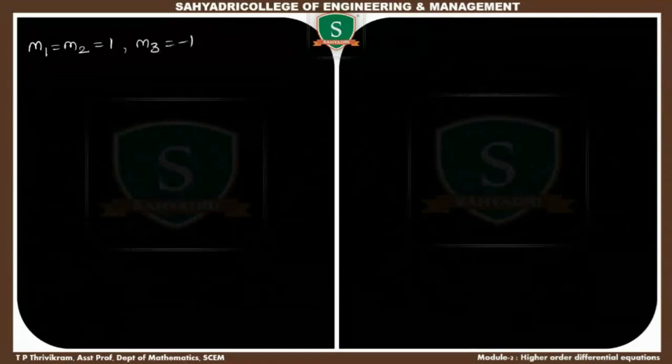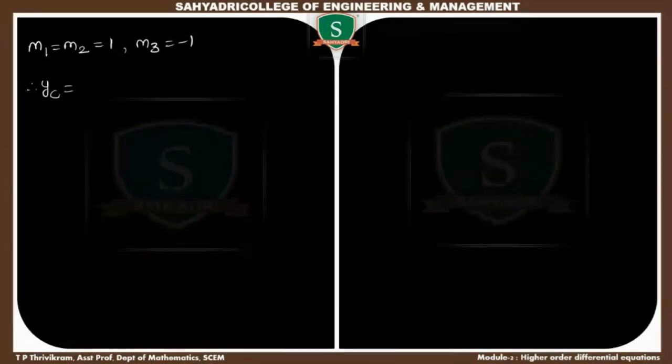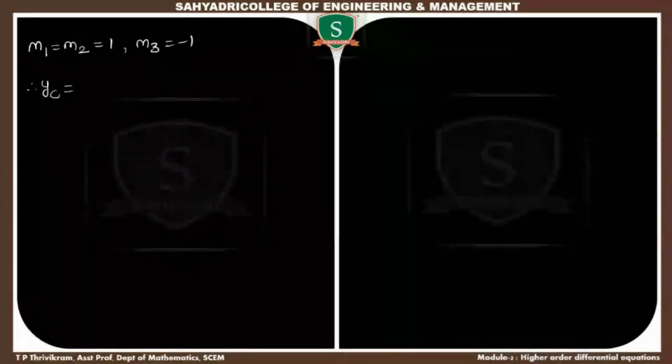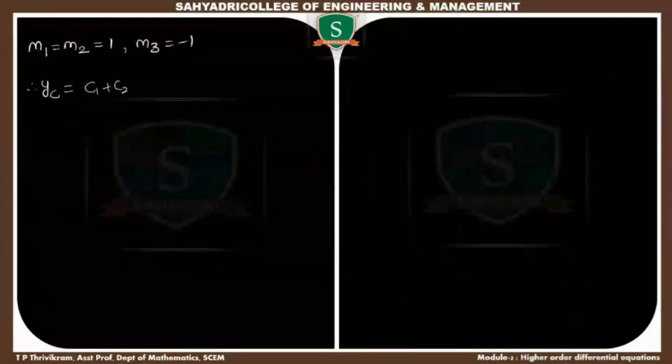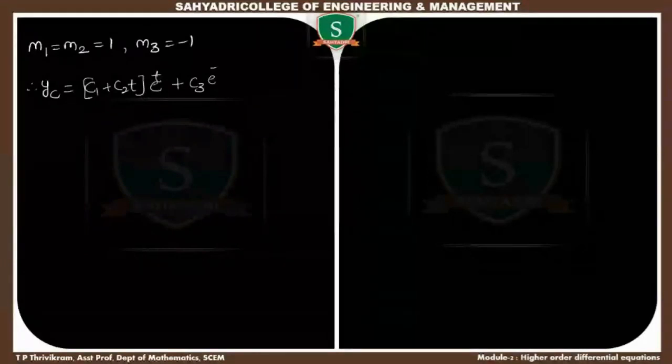Okay, so therefore what is yc? C1 plus C2 into t, into e raised to t, plus C3 e raised to minus t.